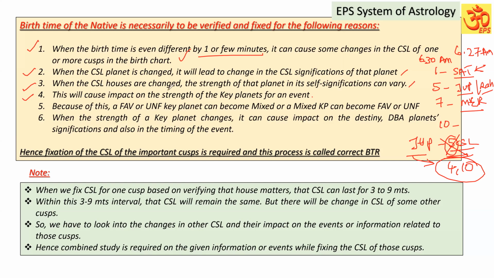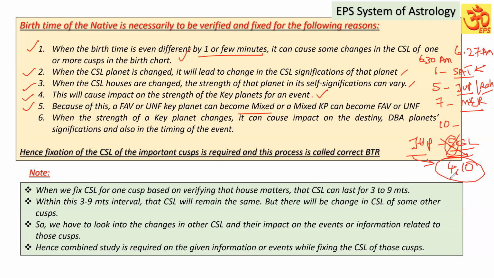That's what I said. When the cuspal sublord planet is changed, this will lead to change in the cuspal sublord signification of the planet. And when cuspal sublord houses are changed, the strength of the planet in self signification will vary. This will cause impact on the strength of the key planets for that event. I hope you have understood. Because of this, a favorable or unfavorable key planet can become a mixed key planet, or a mixed key planet can become favorable or unfavorable also.